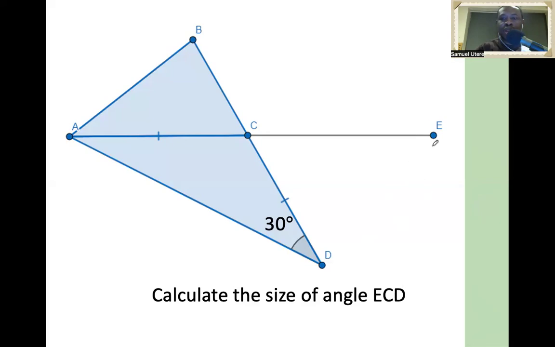So if we start reading the letters E, C, D, we'll see that the angle we're talking about is the angle right here, at the vertex of these line segments, line segments CE and CD. So it is the angle between these two line segments. So the middle letter tells us the location of the angle. And you can see it right there.